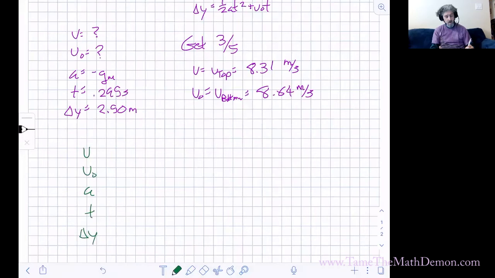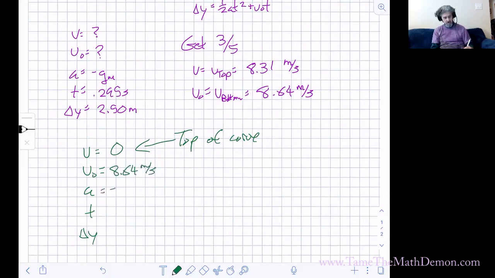But now we want the final velocity to be 0, because when it reaches the top of its height, its velocity will be nothing. And for v naught, we can actually use either one of the two velocities that we found, because we just do a problem where we know its starting velocity and we know we want it to end up at 0. I'll use the velocity at the bottom of the window, 8.64 meters per second.